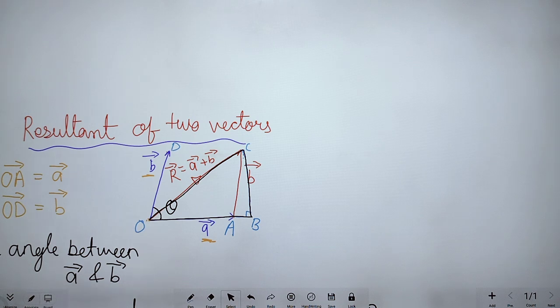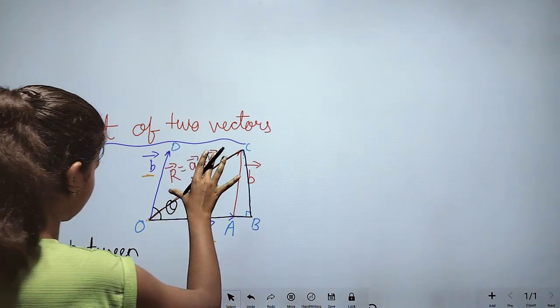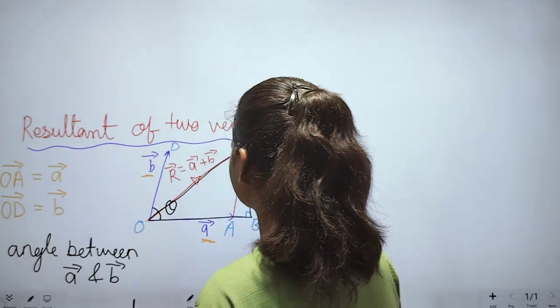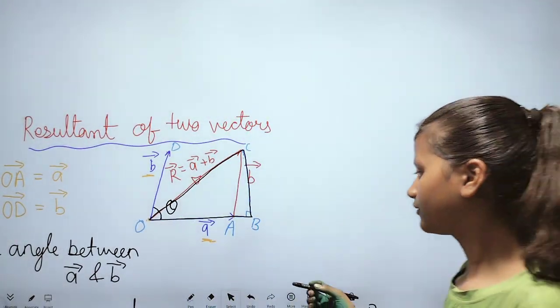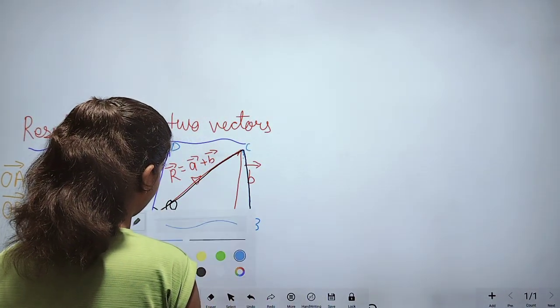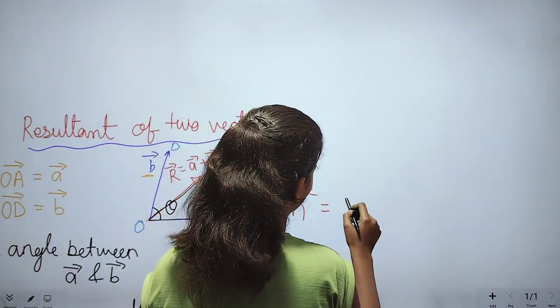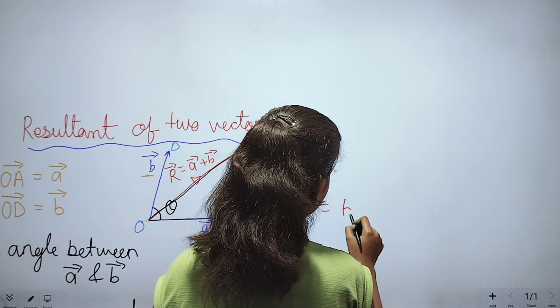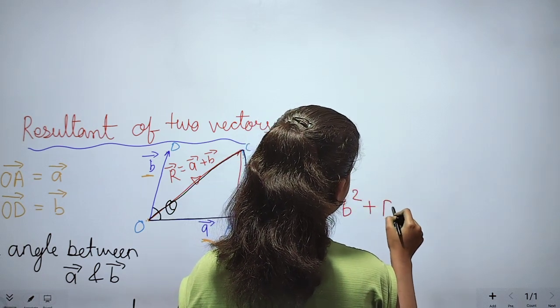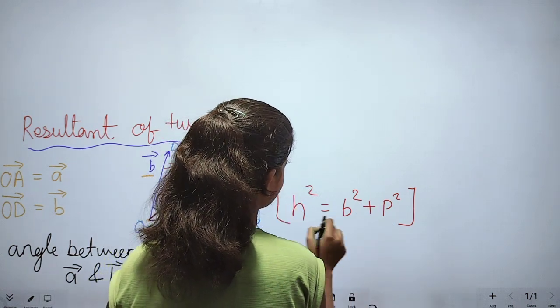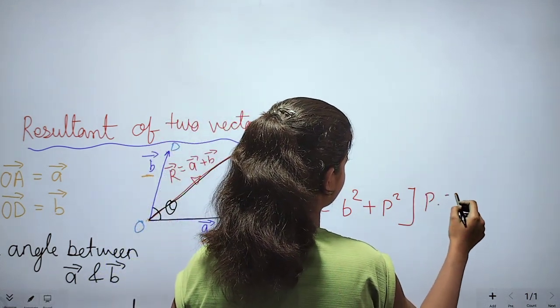So by Pythagoras theorem, what is Pythagoras theorem? H square is equal to b square plus p square.